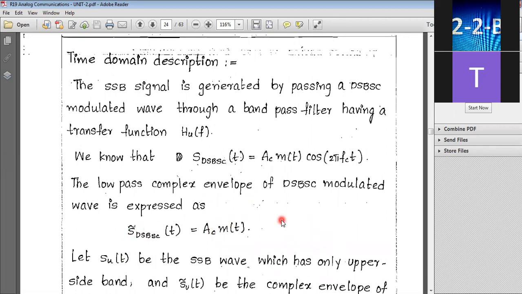Already you know, for every AM we have an envelope, and in the envelope we have some message. So if we want to write the envelope, you must take this symbol at the top. So this represents the envelope. So the DSB-SC signal is mentioned as, after passing the low pass filter, this high frequency component is eliminated. So we have Ac m of t.